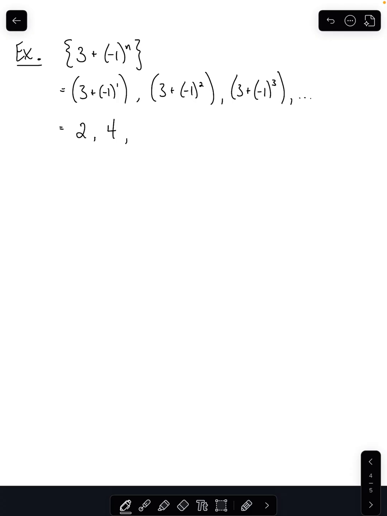The only difference here is the negative sign. And as we know from having dealt with powers in the past, any negative number raised to an odd power will result in a negative number, and any negative number raised to an even power will result in a positive number.